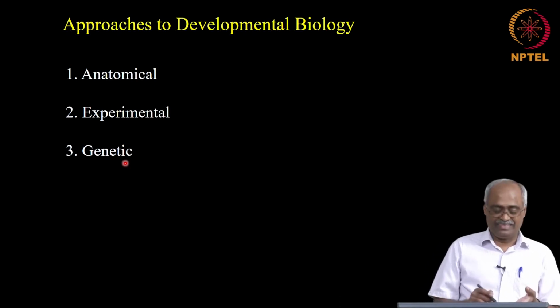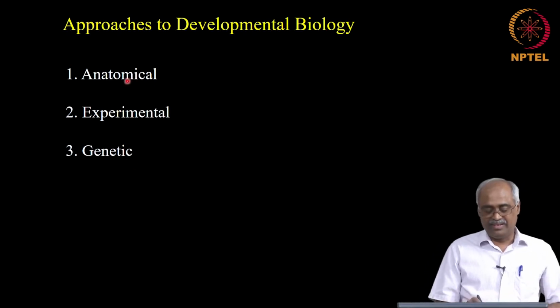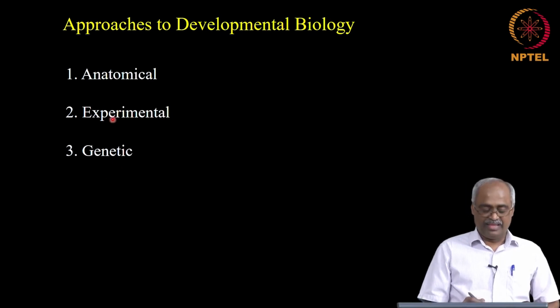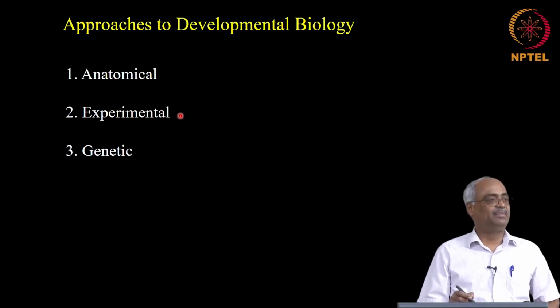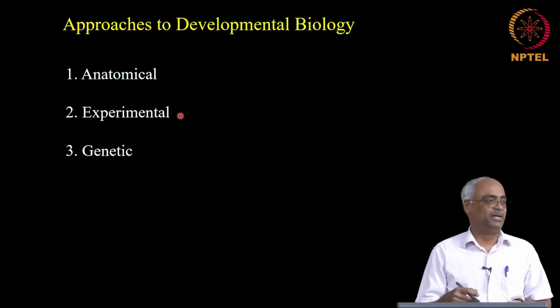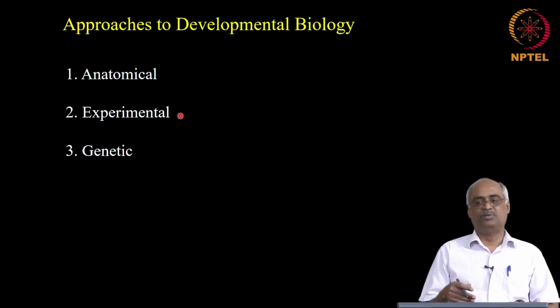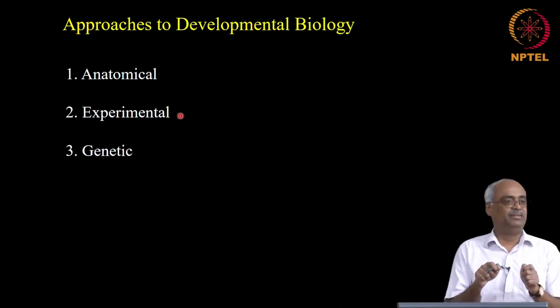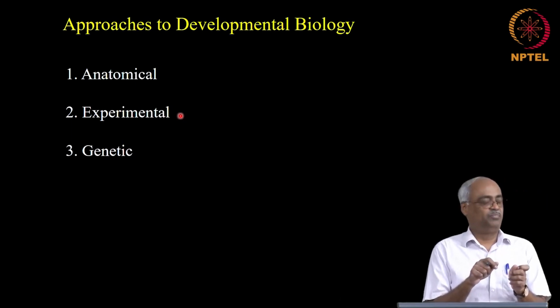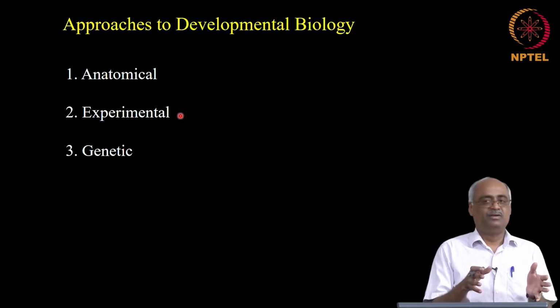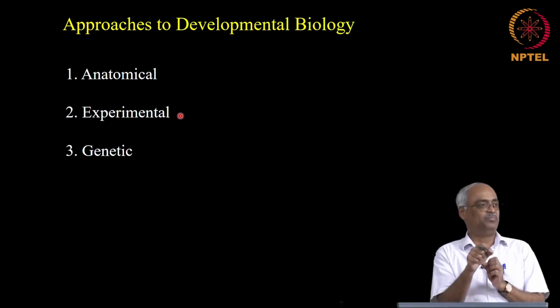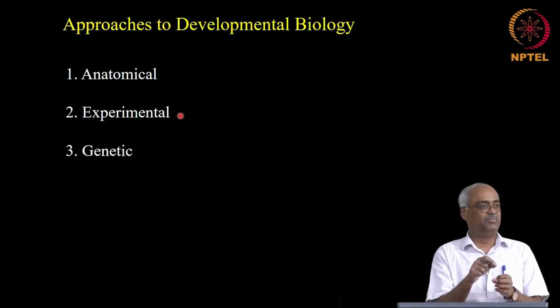So the answer is, it is partly historical and partly there were certain experiments that do not involve genetic manipulations. For example, you open up the embryo and change the plane of cell division, or you introduce some dye and watch the movement of cells as the embryo develops.